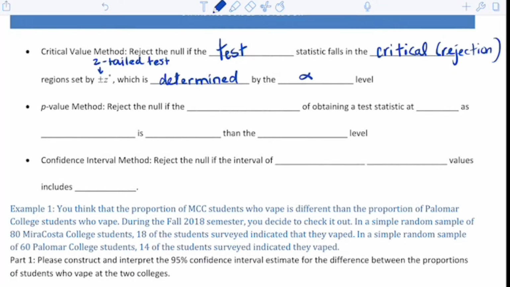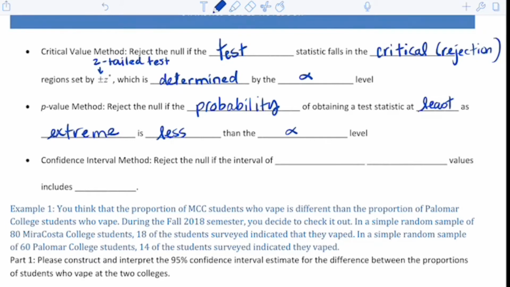the alpha level. The p-value method means that we reject the null if the probability of obtaining a test statistic at least as extreme is less than the alpha level.